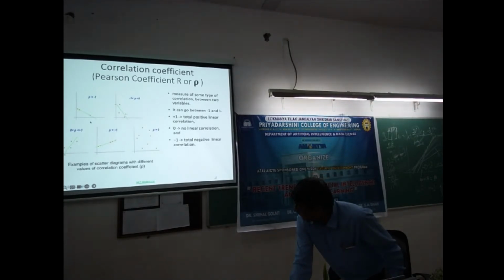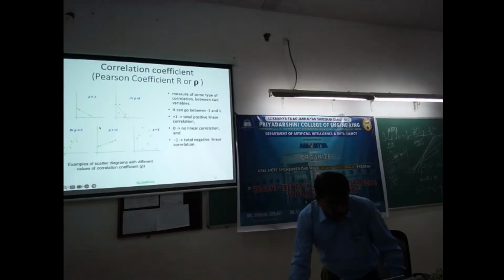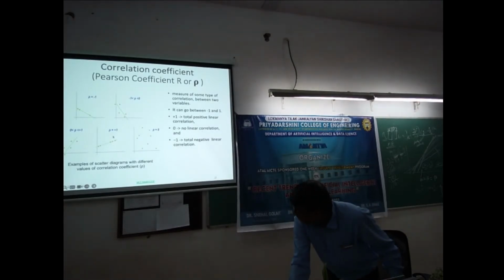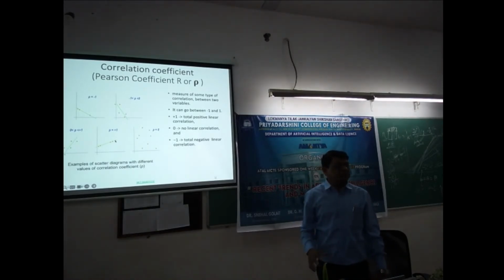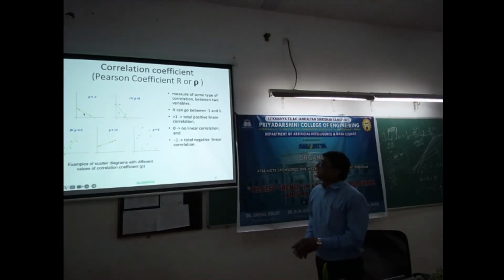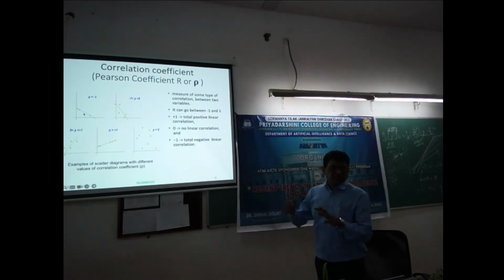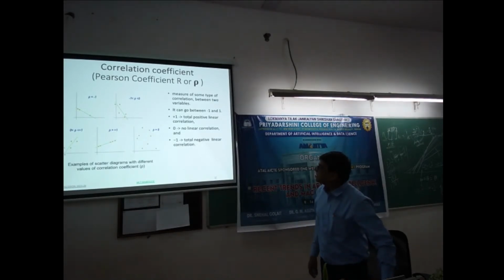Similarly, if P is equal to +1, that means as the independent variable increases, the dependent variable also increases, and exactly +1 means all the points are on the regression line. It is a perfect fit. The -1 case is also a perfect fit, but there is an opposite relationship between the input and output variable.